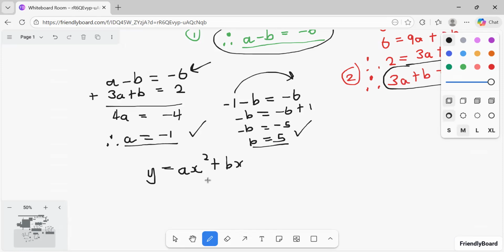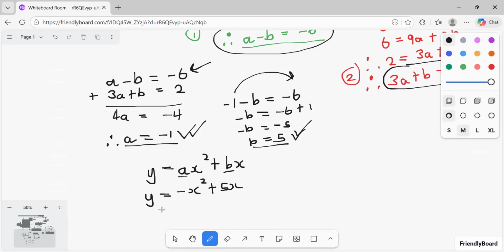So I now have my a and I have my b. I'm going to simply sub them into this equation, which is going to be y is equal to, my a is minus 1, so I'm just going to put minus x squared. I'm not going to write it as minus 1x squared. Then plus my b is 5, so 5x.